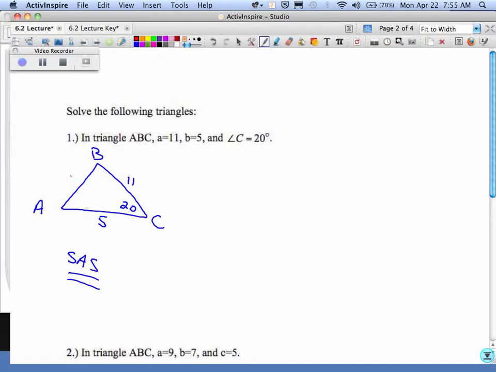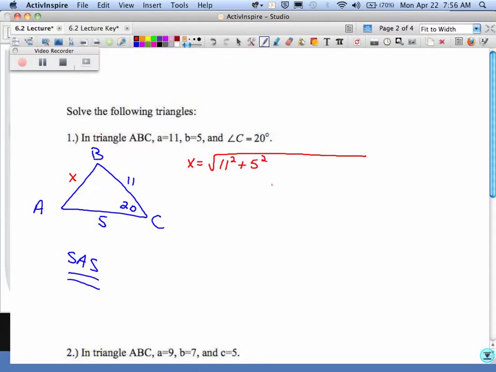To find x, that's the law of cosines. It's on the left-hand side of your page. I shorten it up even more. I take the square root of it right away. I'm going to take the two sides that I know, 11 and 5. I square them. Doesn't matter what order I wrote those two down in.